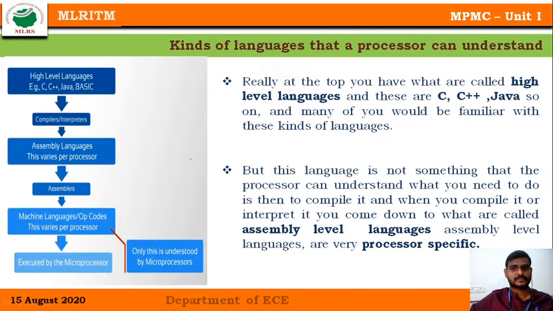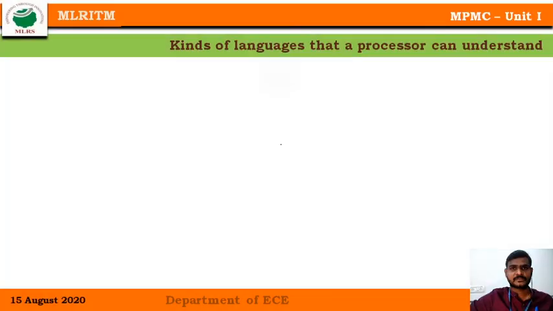A compiler, when it compiles or interprets, converts it down to what is called an assembly level language. Assembly level language is very processor specific. In simple words, to convert any high level language into an assembly level language, we require a compiler or an interpreter.